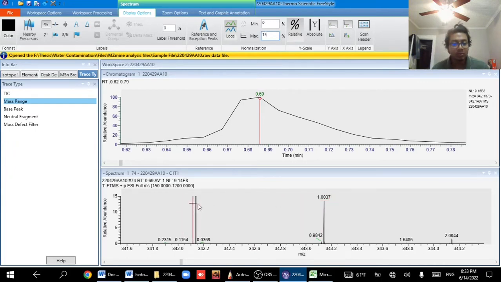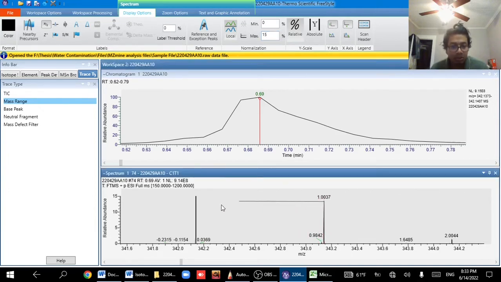Remember, you need to include the specific m/z value. If that specific m/z value is out of the graph range, this peak will show 100%, which is not correct. So when you make it larger, include the main m/z value, and that difference, to find the height of the peak. I make it a maximum of 15%, the peak is more visible, and I can show you the relative abundance of that peak.